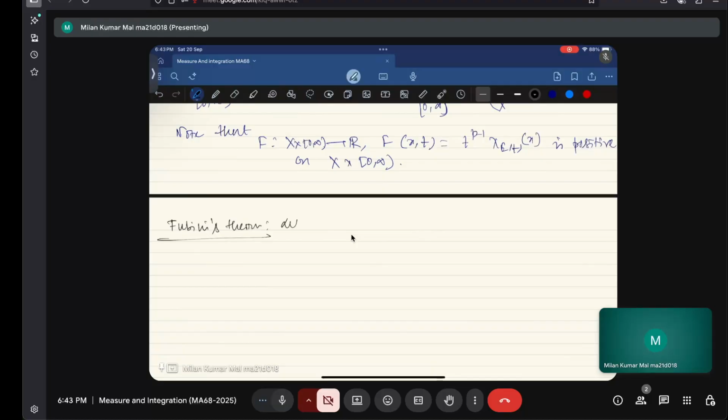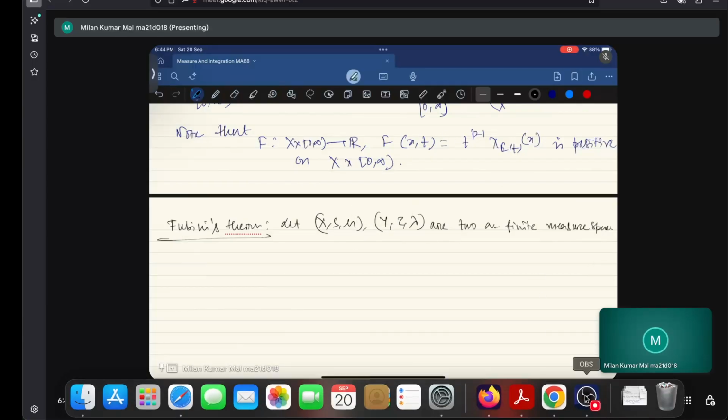Let (X, S, mu) and (Y, T, lambda) be two sigma finite measure spaces. Okay, these are two sigma finite measure spaces.